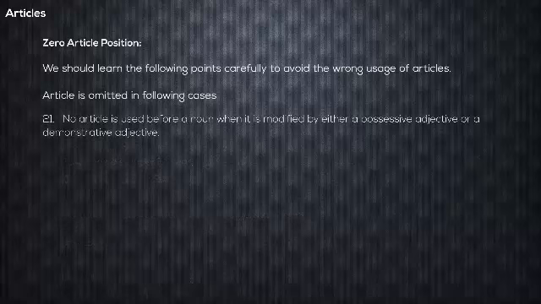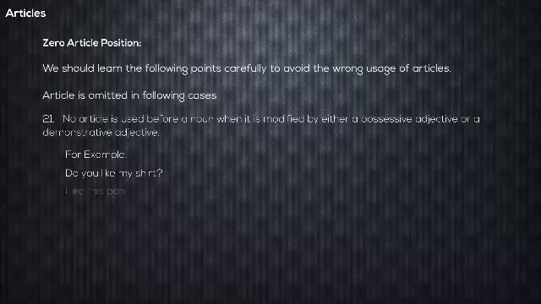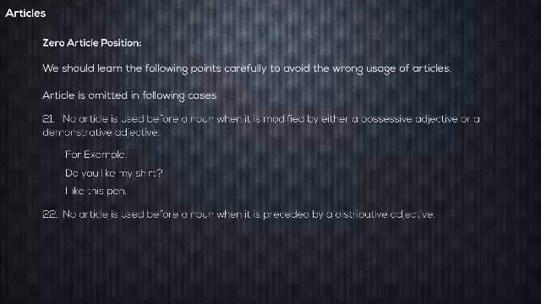21st. No article is used before a noun when it is modified by either a possessive adjective or a demonstrative adjective. For example, do you like my shirt? I like this pen. 22nd. No article is used before a noun when it is preceded by a distributive adjective.